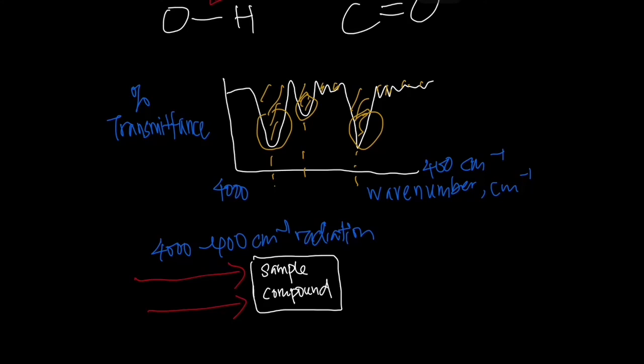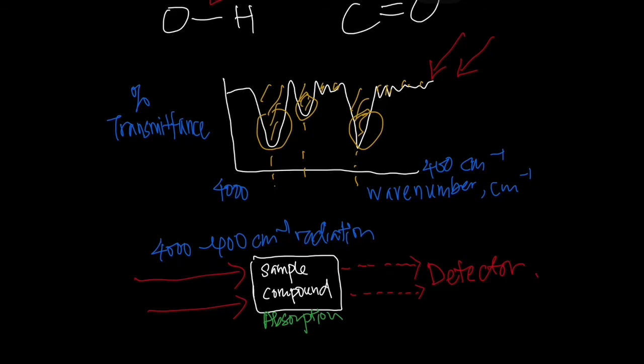After the absorption, the non-absorbed radiation will be transmitted, pass through the sample to reach the detector. And the detector is connected to a computer. The computer will convert the data into a readable IR spectrum, like what you can see here.